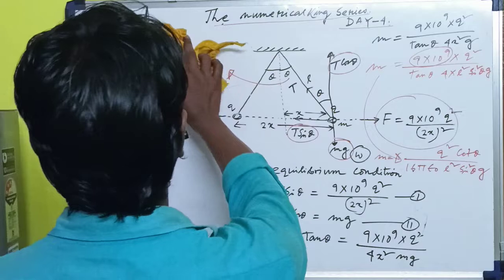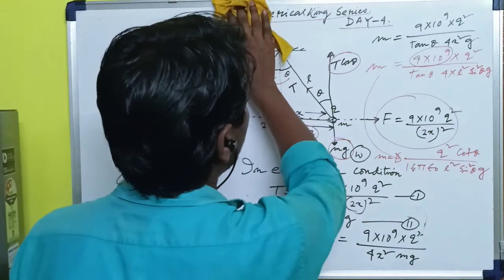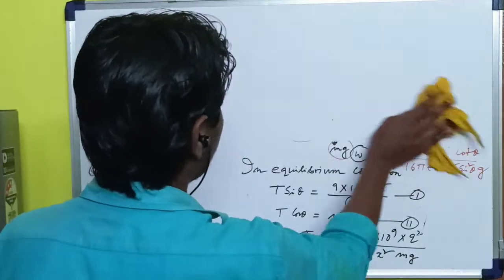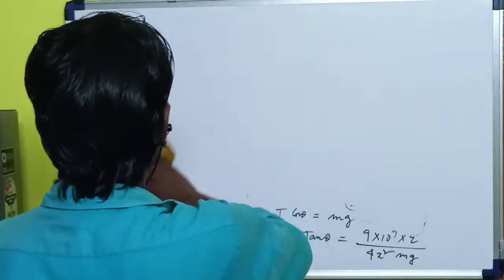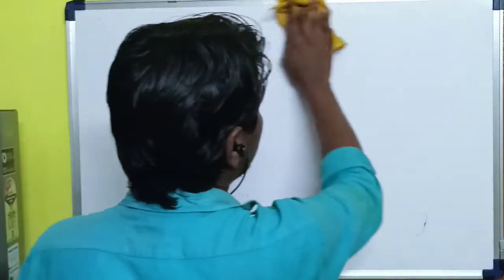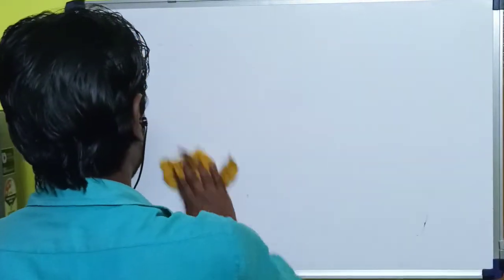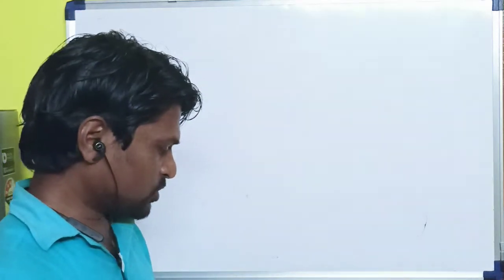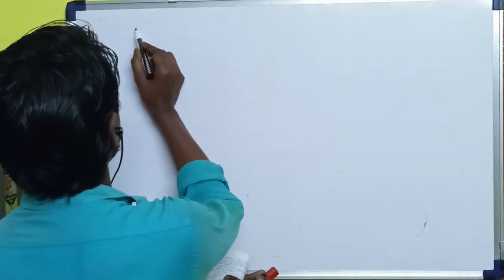So I raise the numerical king series day 4. And I repeat again, if the answer is different, then say wow, what a concept, and subscribe to my channel.